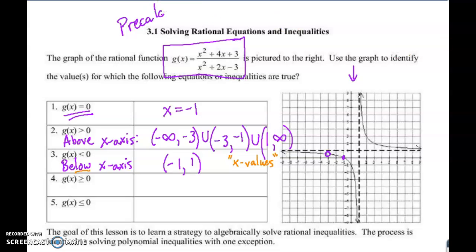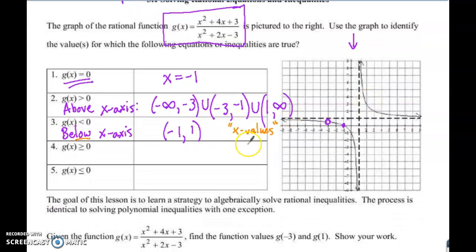Now there's a big difference between this and the previous unit, because now we can be above or on. And typically we could just change everything to be brackets. Well, we still want -3 to be a parenthesis because it's undefined there.